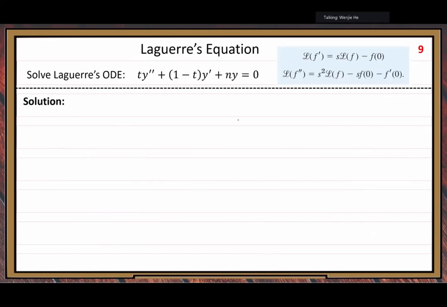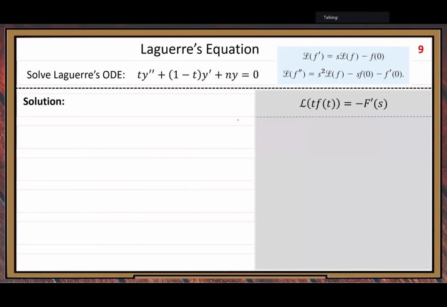These two formulas, the derivative and second derivative. And another formula we want to use, this formula with t, is the differentiation of Laplace transform formula. We just learned the differentiation of Laplace formula.